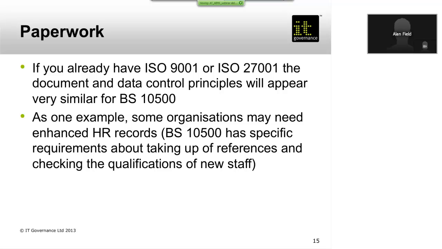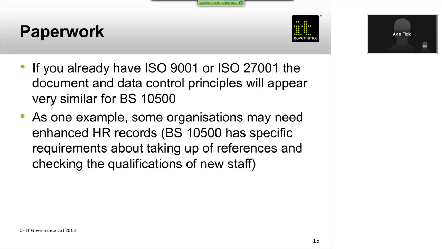If you read BS 10500, like many management systems, sometimes your initial reaction will be to say, oh, isn't this bureaucratic, or doesn't this involve a lot of paperwork? Well, two responses to that. One is if you aren't familiar already with 9001 or 27001, the document and data control principles will appear very similar to BS 10500.